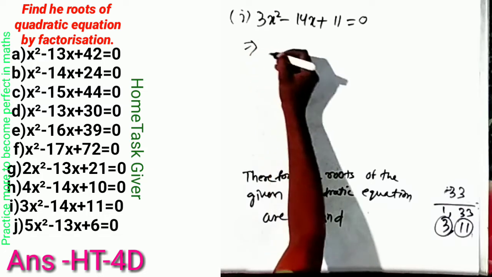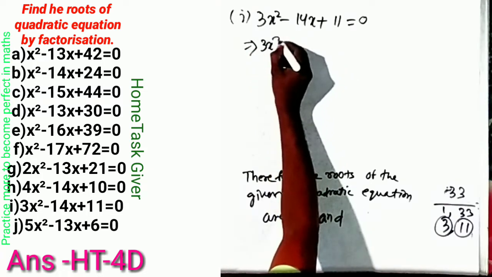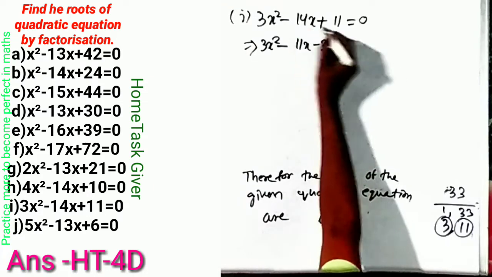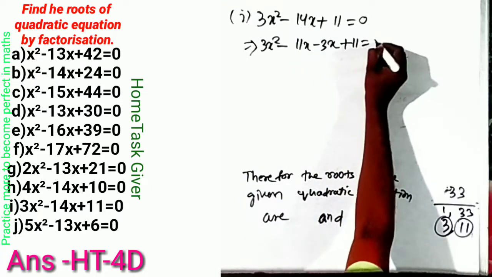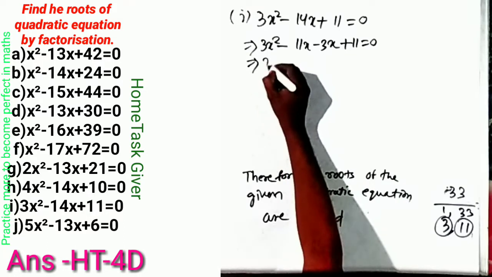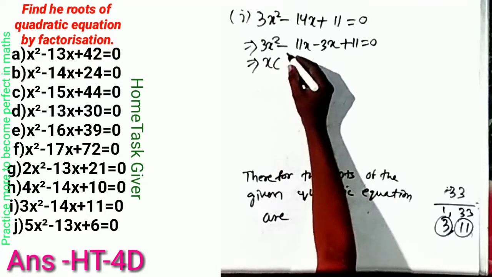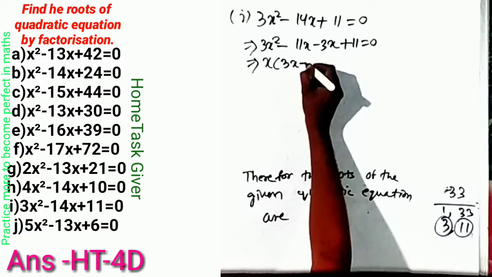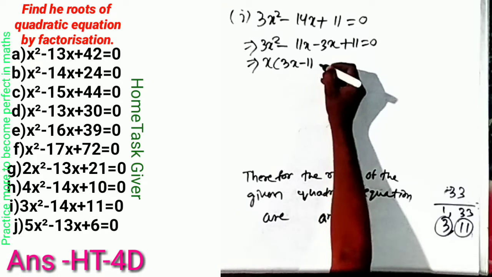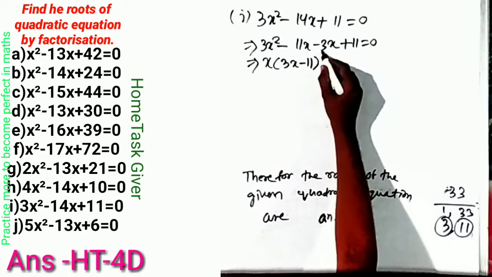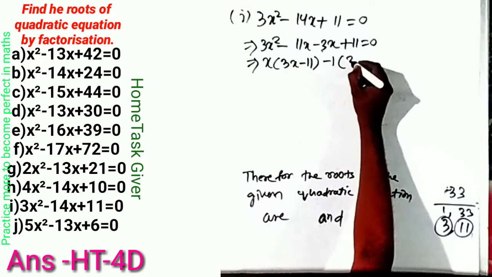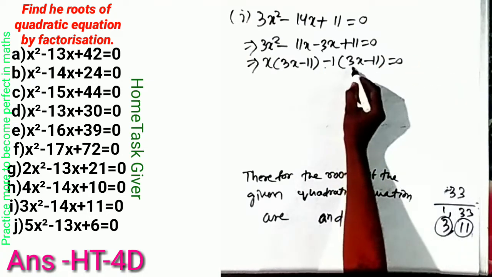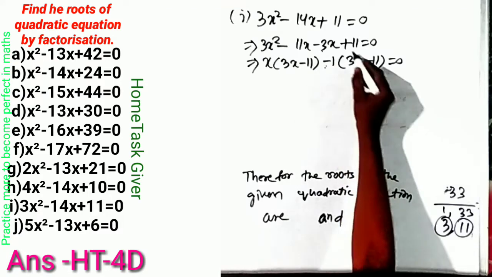So split कर दिया 3x square minus 11x minus 3x equal to minus 14x plus 11 equal to 0, imply that here take x as common, x common लिया तो क्या हुआ, here 3x minus 11 आया, here take minus 1 as common, minus 1 common लिया तो आएगा ये 3x minus 11 equal to 0. Here minus 1 into 3x is minus 3x, minus 1 into minus 11 is plus 11.